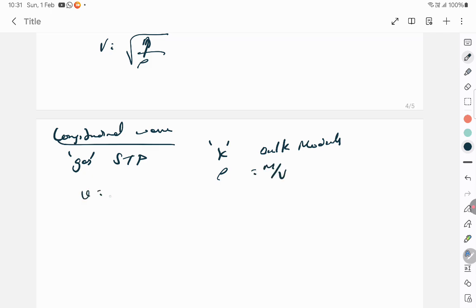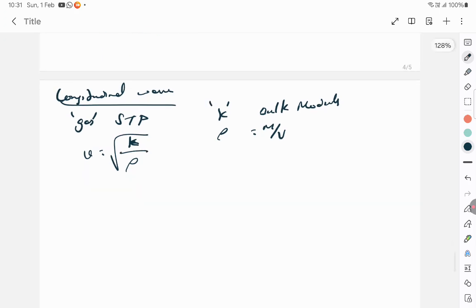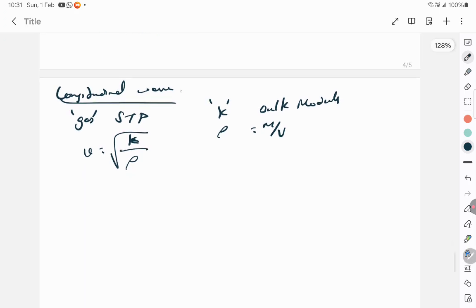So the velocity will be equal to root of K by rho. But the constant of proportionality is still taken as 1, so you get this answer. This is the speed of the longitudinal wave in gas or in air.